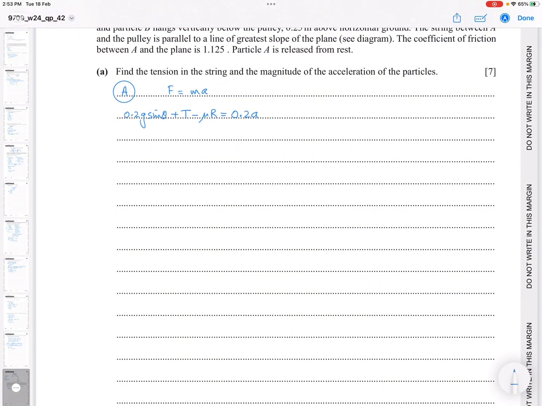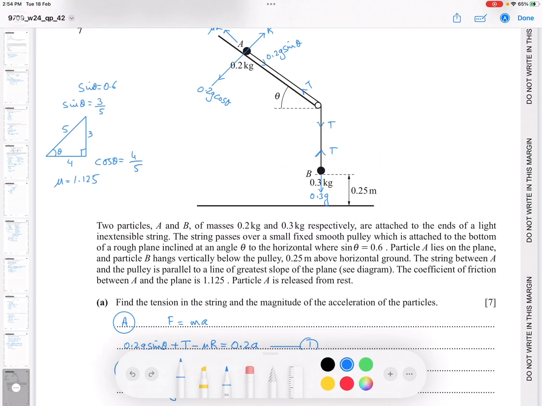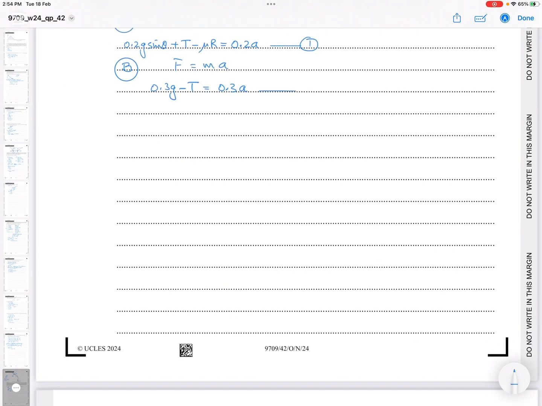So you make it equation number 1, and forces at B, again F equals ma, so 0.3 g minus T is equal to 0.3 a. So make it equation number 2.